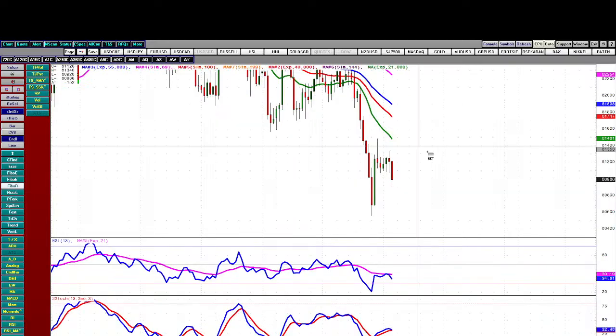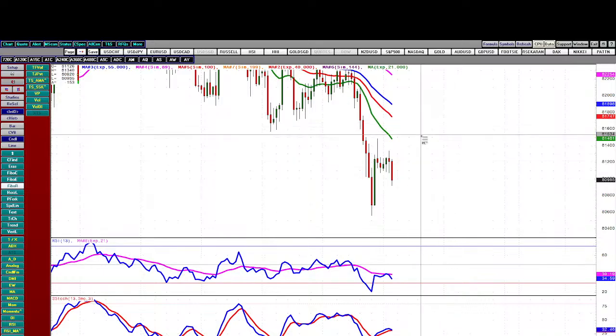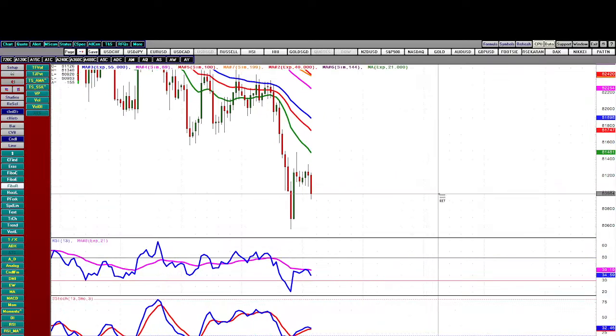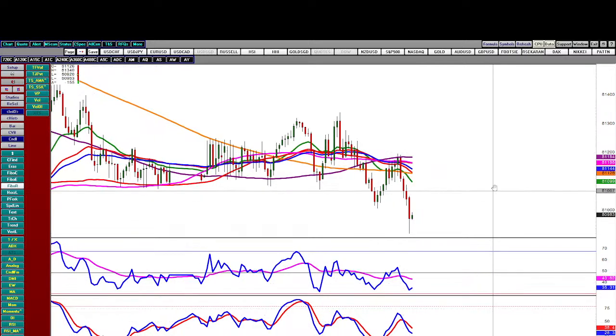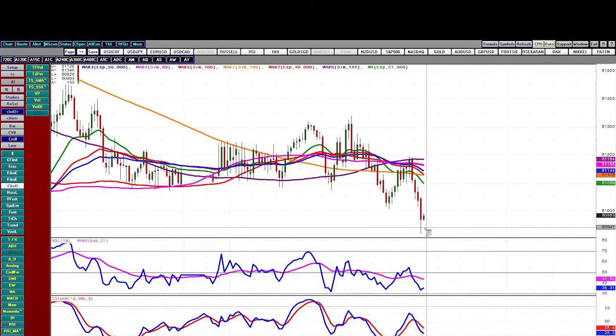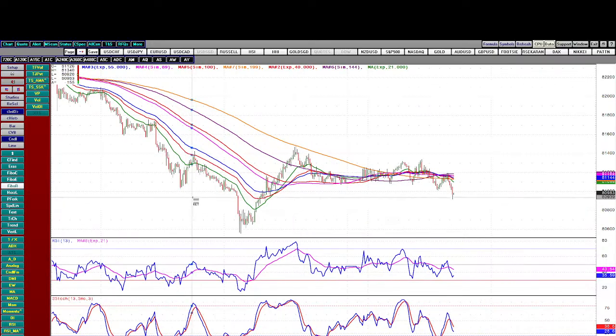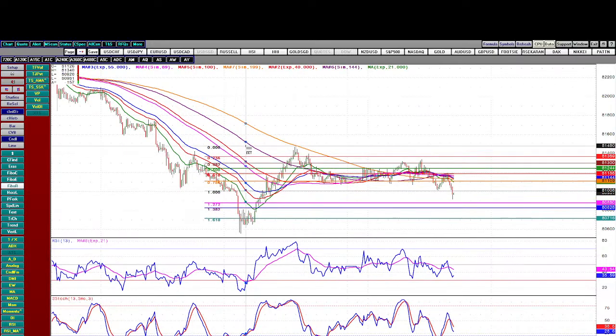Then for dollar Swiss, we were long at 81.20, and we are trying to go for one more long at 85. Right now we are seeing some stability, but I think we are yet to see the low.